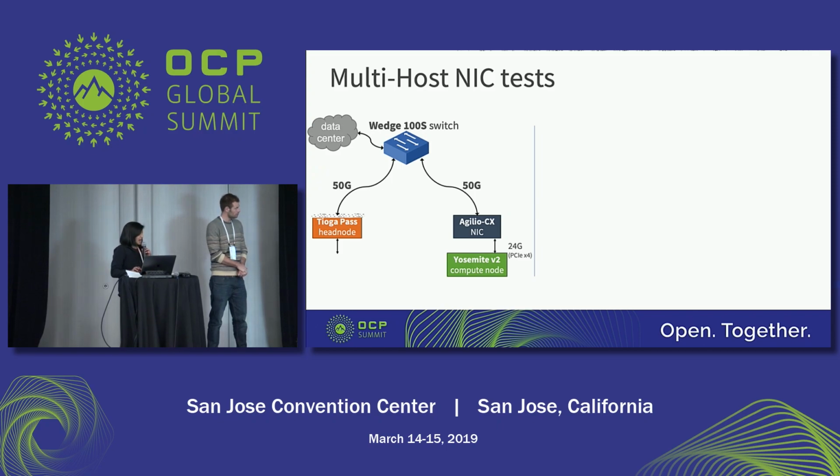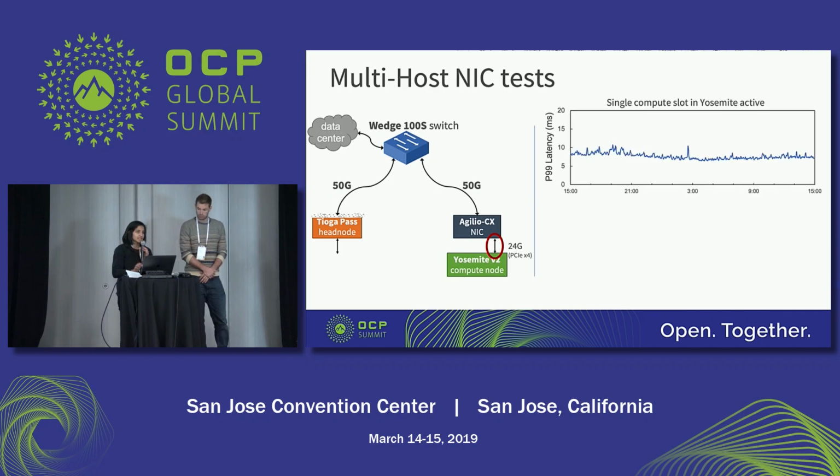We first tried just a single slot active. In this case, we're highlighting the incast issue because we have 50G going into the NIC and a PCIe by 4 going to the single slot, so that's 24G. So our bottleneck here would be at the PCIe. The bottleneck is restricted to the NIC. And the latency results for the latency-sensitive application that we ran in the data center show that we were able to meet the SLA and we didn't run into significant issues despite the incast problem.